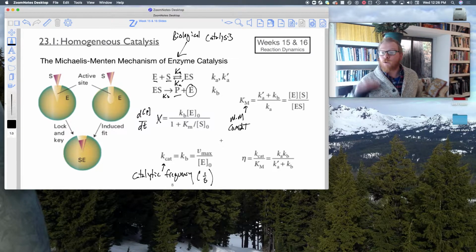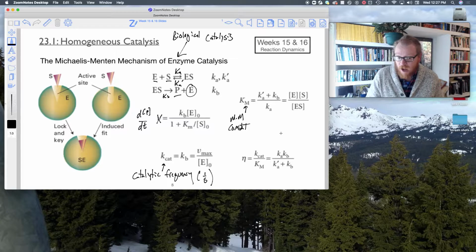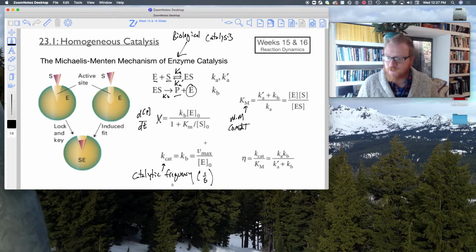It can actually be shown through going through this derivation that this catalytic frequency becomes equivalent to just the rate of production of the final product, Kb. And this will reach a maximum, Vmax, dP by dt.